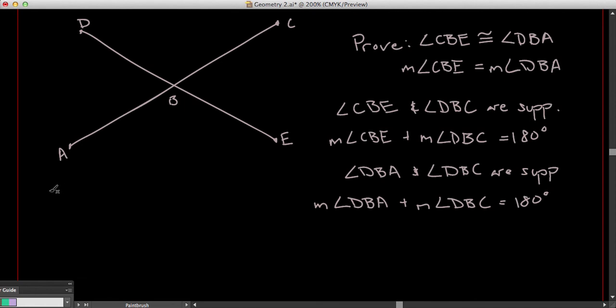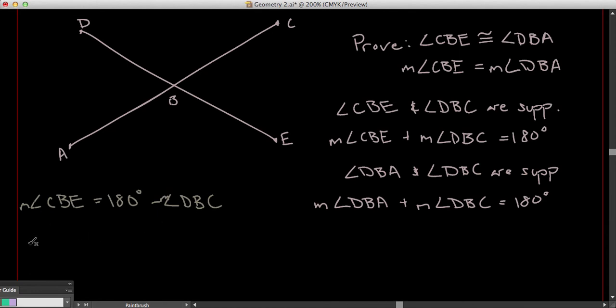Okay. If I rearrange these equations, I could rewrite them as angle CBE equals 180 degrees minus angle DBC, right? So this would be the measure of these angles, right?